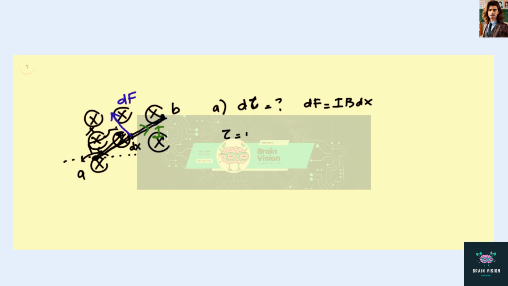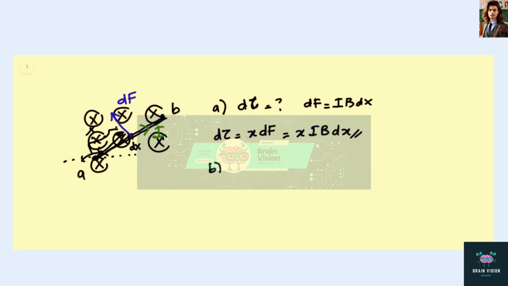Remember, the torque is r cross F, so that's where it comes from. In our case, we have the x, and dF; then this is our differential torque. So x I B dx would be the final answer as far as part A is concerned.